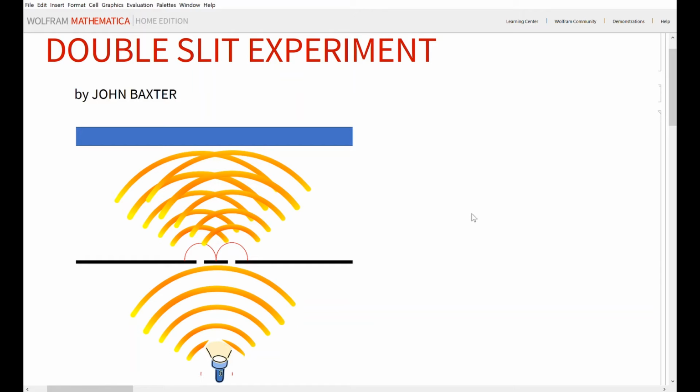What that's showing is that it is the single photon that is propagating as a wave and going through both slits, not as a particle, but as a wave, just like water waves. When you drop a pebble, you see the water waves propagate along the surface of the water.